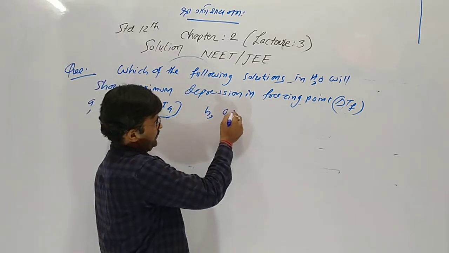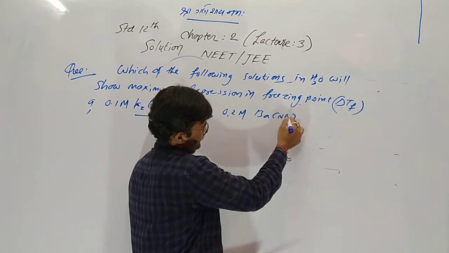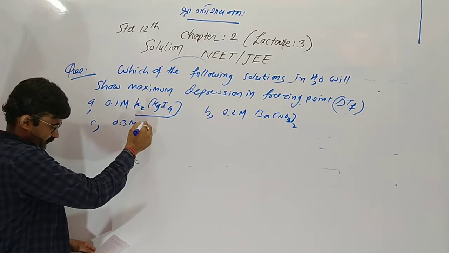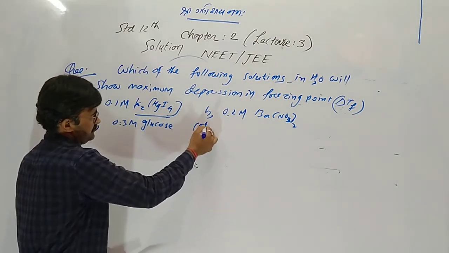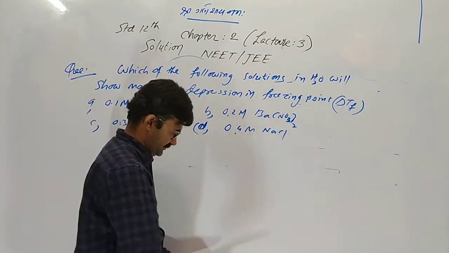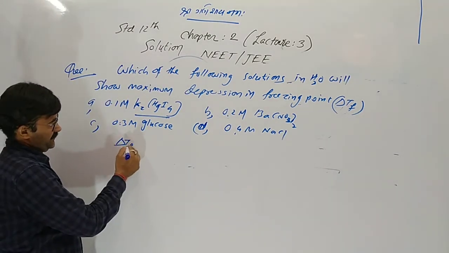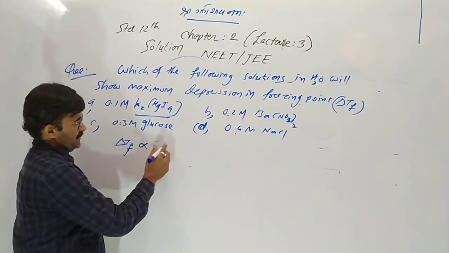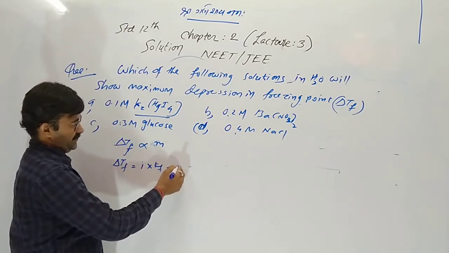In the laboratory we use 0.2 molarity of barium nitrate, C; 0.3 molarity of glucose, D; 0.4 molarity of NaCl. We know delta Tf is directly proportional to its molarity. So delta Tf is equal to i into Kf into m.